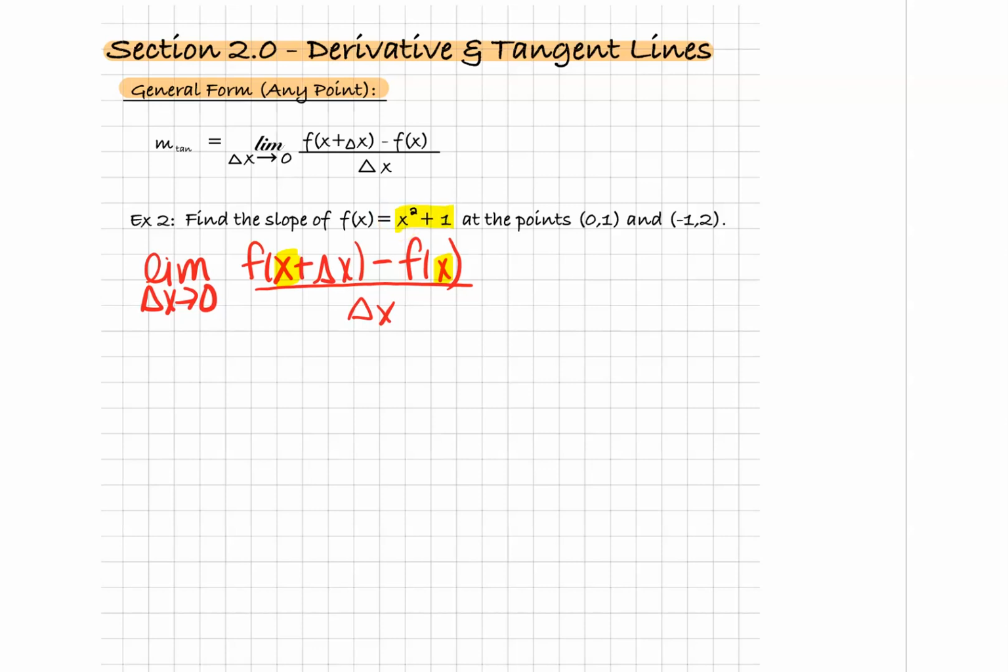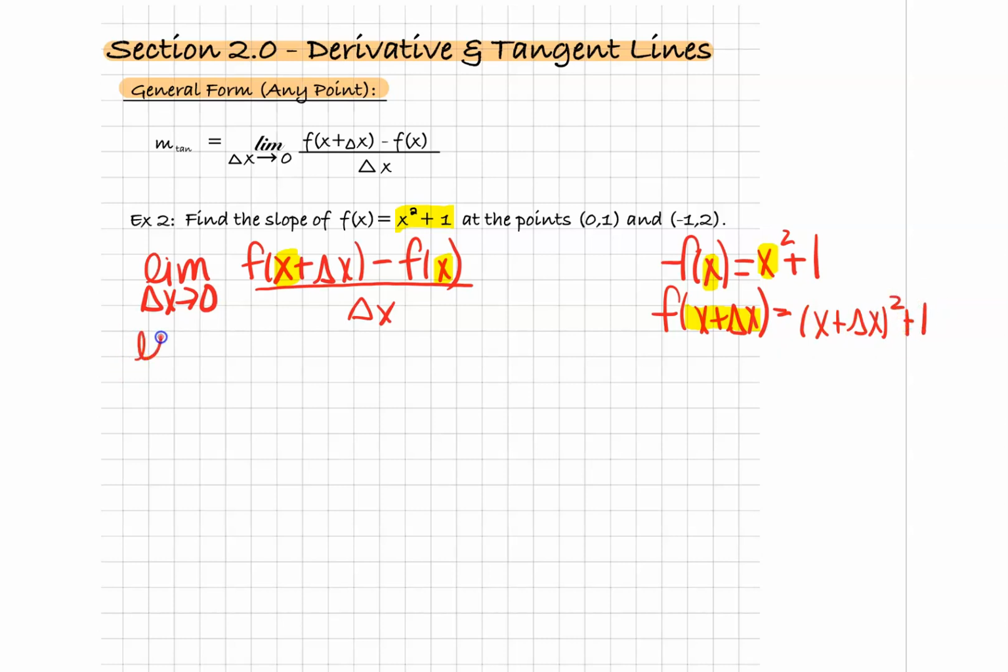And so you can see that we know f of x is equal to x squared plus 1. So we just need to figure out what f of x plus delta x is. And like you saw in the previous problem, anywhere we have an x, we're going to now change to an x plus delta x. So this would be x plus delta x squared plus 1.